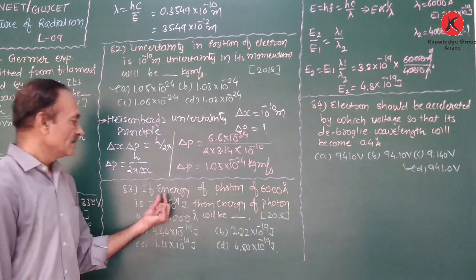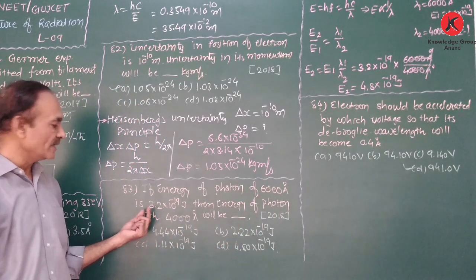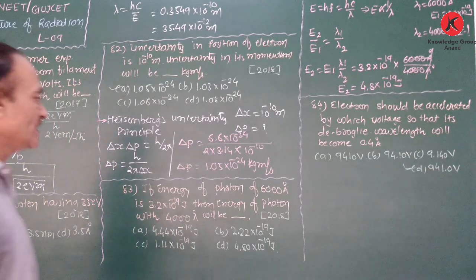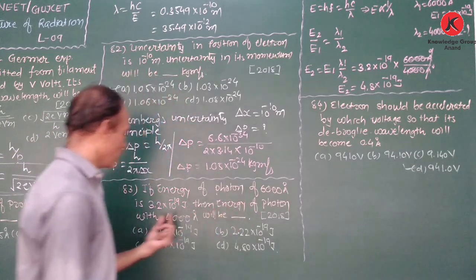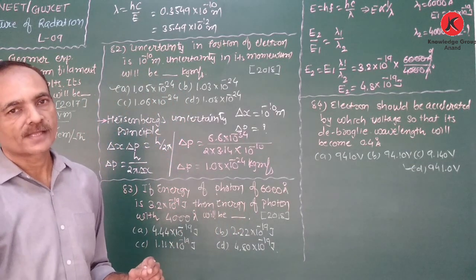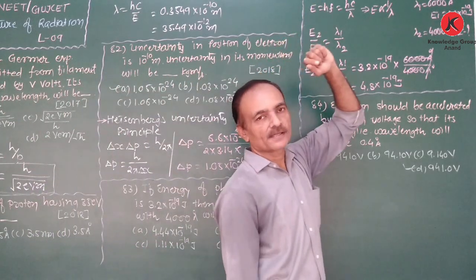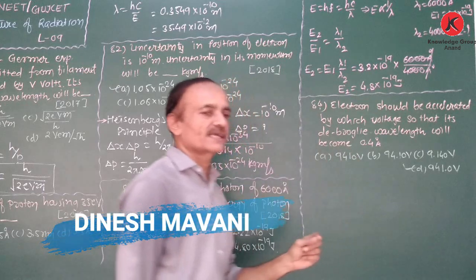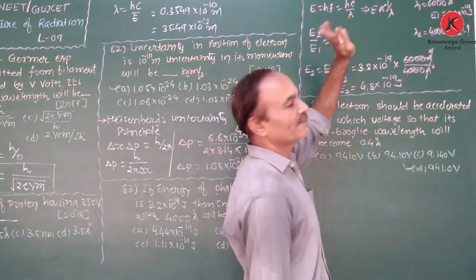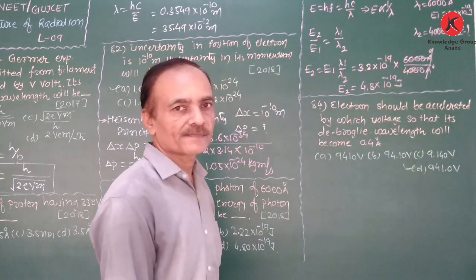Very good numerical. If the energy of the photon of wavelength 6000 angstrom is 3.2 into 10 is to minus 19 joule, then the energy of the photon with 4000 angstrom will be. So we know that the energy of the photon is equal to hν. Here the frequency is not given, the wavelength is given. Therefore, E is equal to hc upon lambda. Therefore, E proportional to 1 upon lambda.